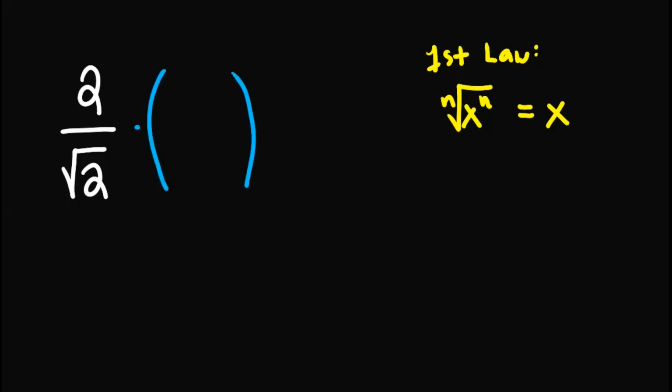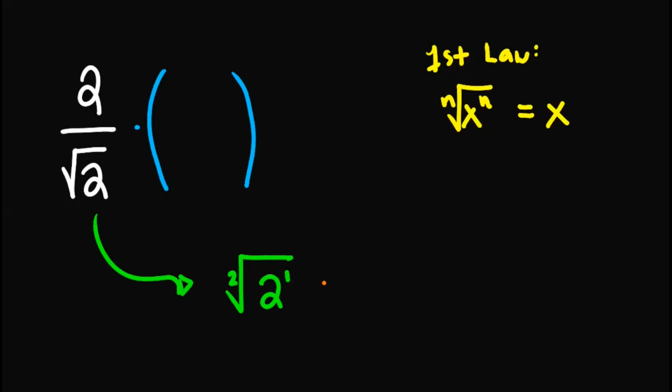Note that, let's put it down, since square root of 2, we know that 2 has an exponent of 1, and the index here, since it is not present, is simply 2. Then our goal is to make the exponent here be 2.